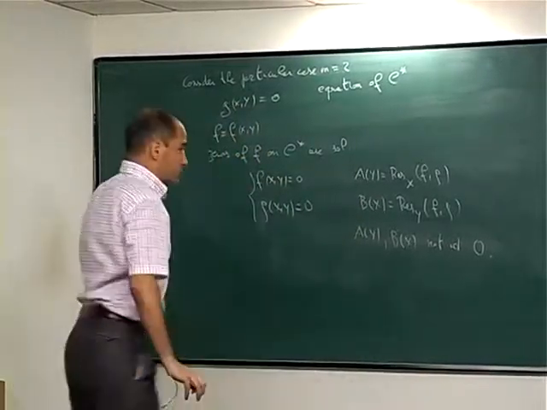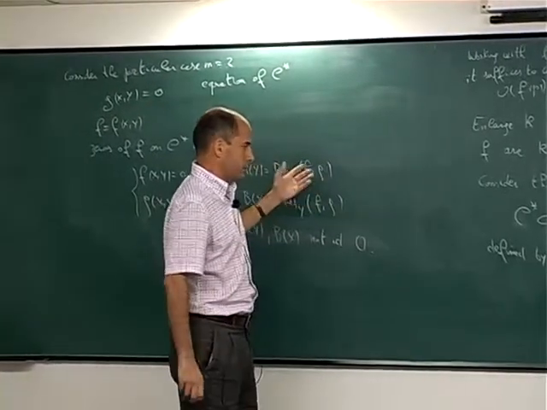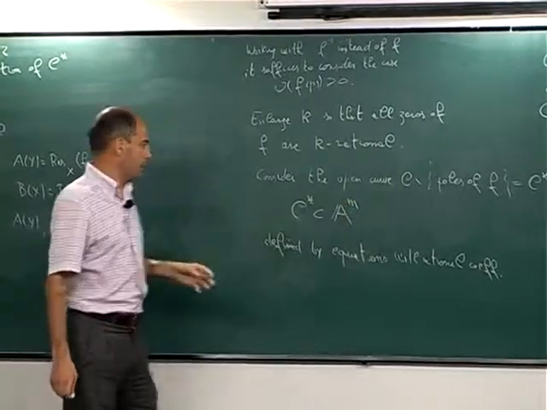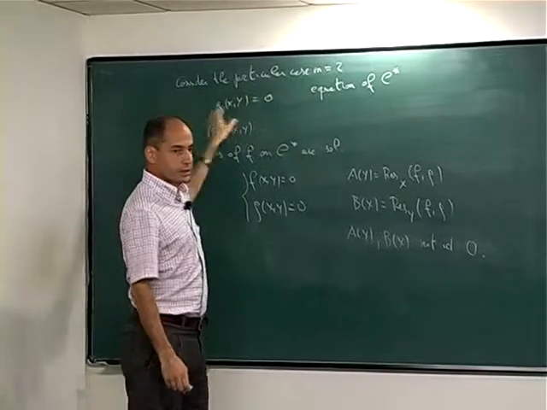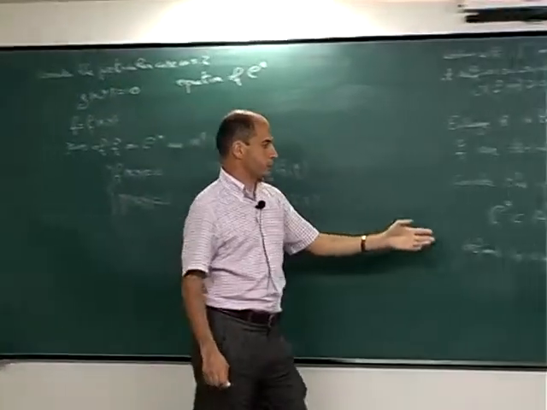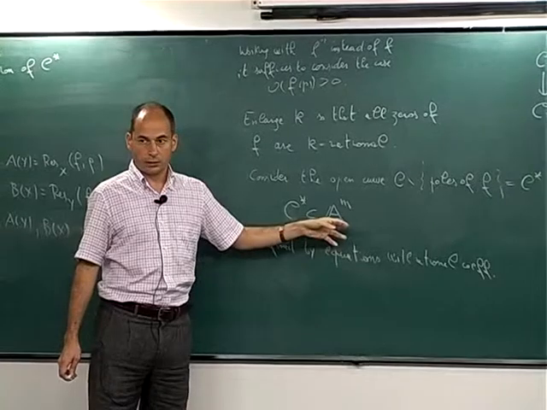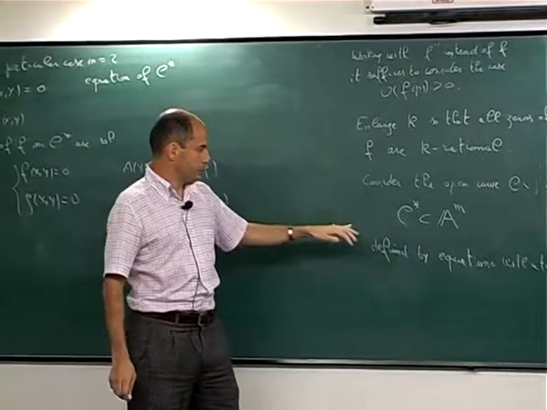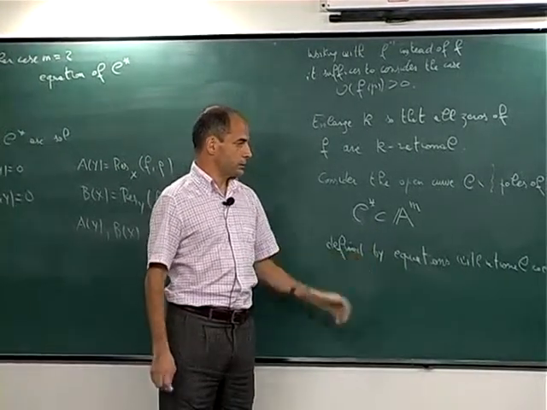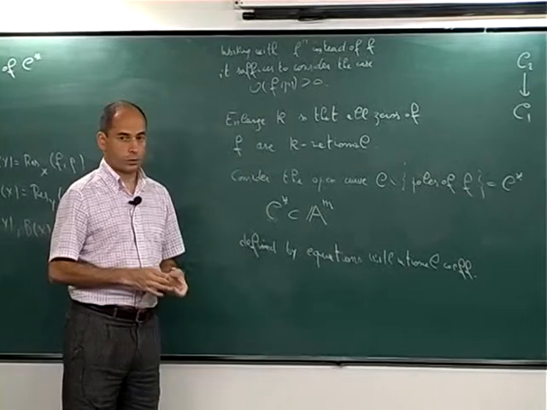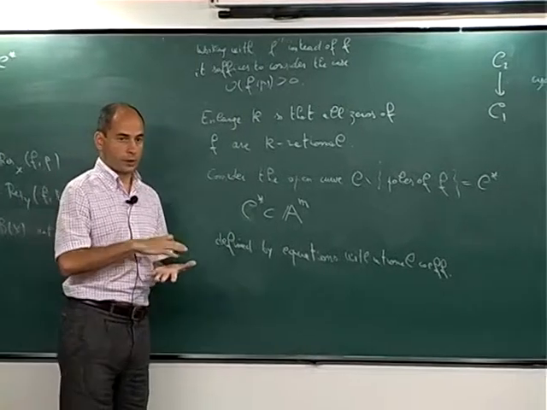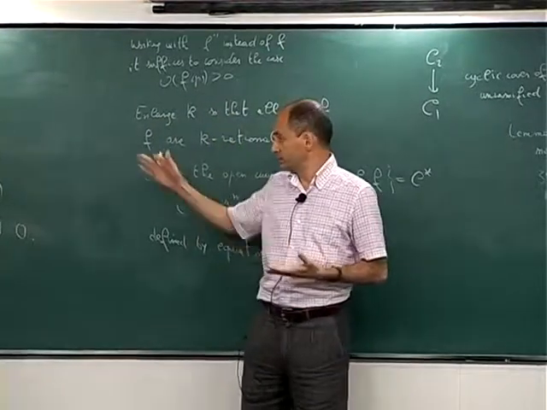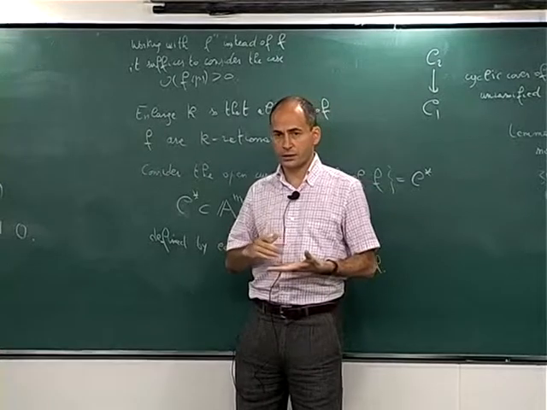And actually, this argument can be generalized to arbitrary m. There are several ways. Either you consider a more complicated ideal giving the equation of C star in a higher dimensional affine space, and the theory of resultants can be extended, or simply you notice that each curve can be covered by a finite number of affine open sets, each of which can be embedded in A2.